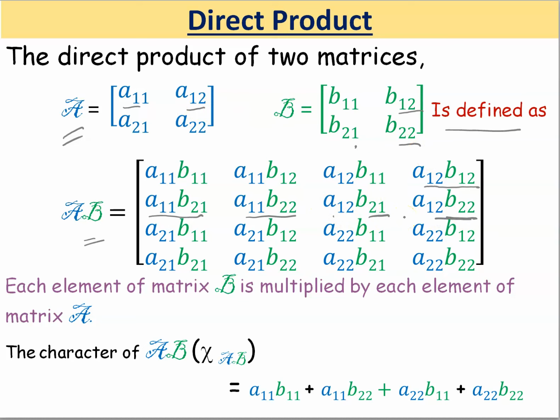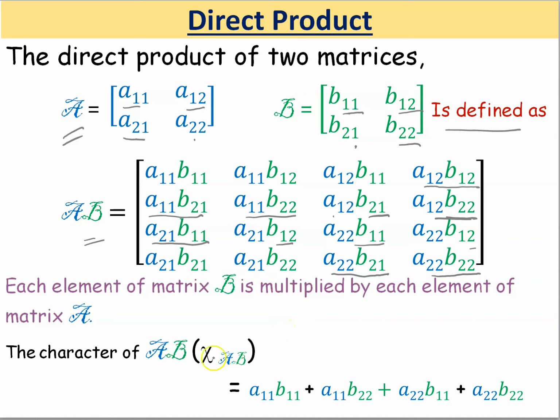Next, the third row: A21 B11, A21 B12 and A22 B11, A22 B12. And the last row: A21 B21, A21 B22, A22 B21 and A22 B22. That is the direct product. That is, each element of matrix B is multiplied with each element of matrix A.